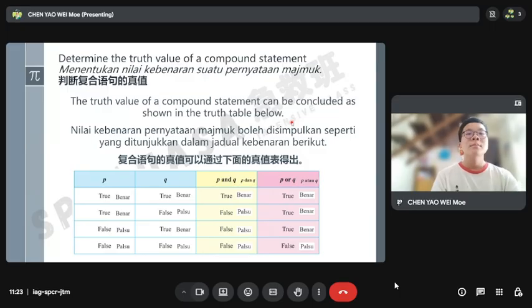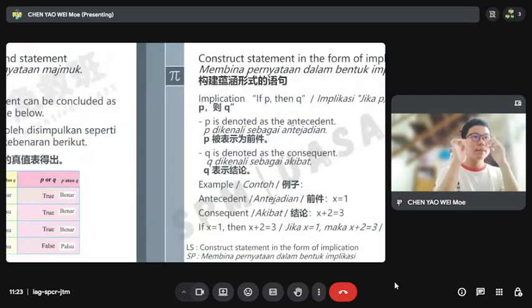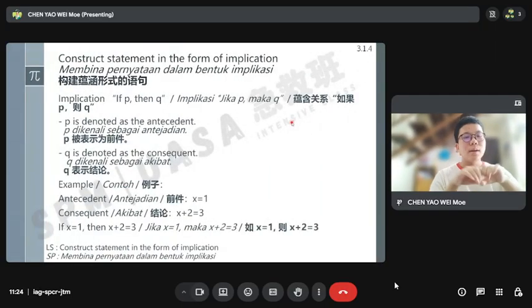You can not only combine two statements, you can also break a compound statement down like this. We can also construct a statement in the form of an implication: if P then Q. P is denoted as the antecedent, Q is denoted as the consequent.